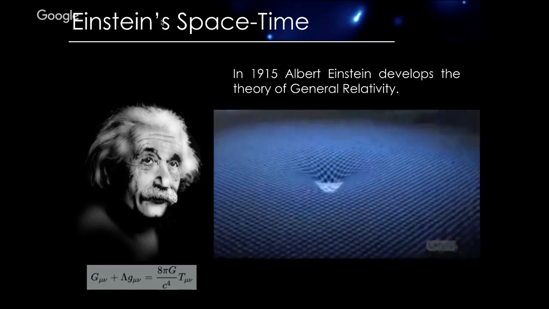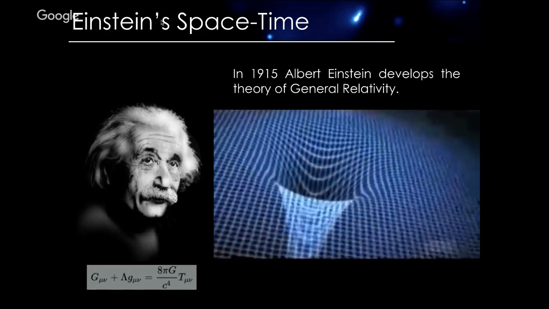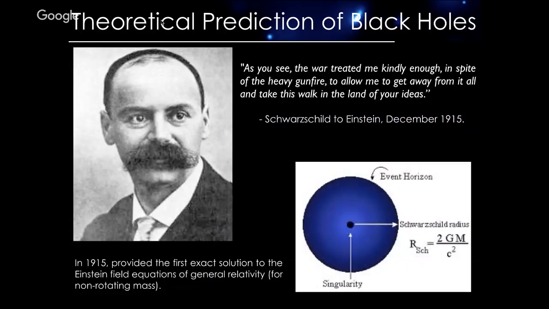And the Einstein field equations were first solved by another guy, Karl Schwarzschild, also in 1915, very soon after Einstein published his first paper on general relativity. And this is also a beautiful story that I always bring up in my talks. I think it's quite remarkable that he was able to do this during the war. Literally during the war, he was just reading Einstein's papers and working on this. He died shortly after this, but he provided the first exact solution to the Einstein field equations for a non-rotating mass.